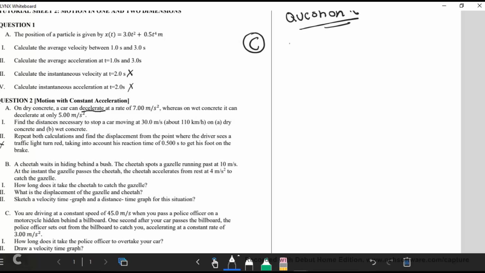So here it's you, and the police. This police officer was hiding at a certain point. For example, you're moving at the speed of 45 meters per second, right?